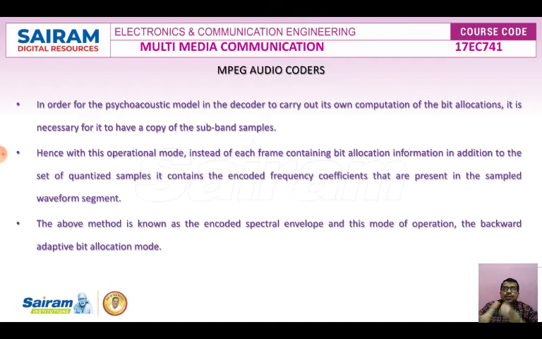The decoder is used to compute the same or very similar bit allocations that the psychoacoustic model in the encoder used to quantize each subband sample. So in this operational mode, instead of each frame containing bit allocation information in addition to the set of quantized samples, it contains the encoded frequency coefficients that are present in the sampled waveform segment.